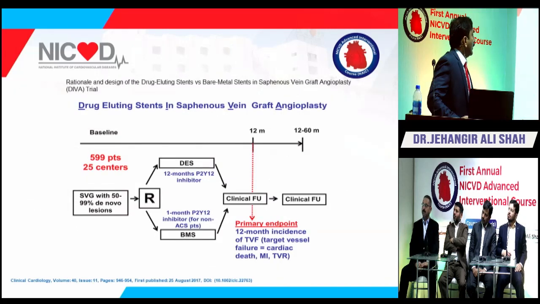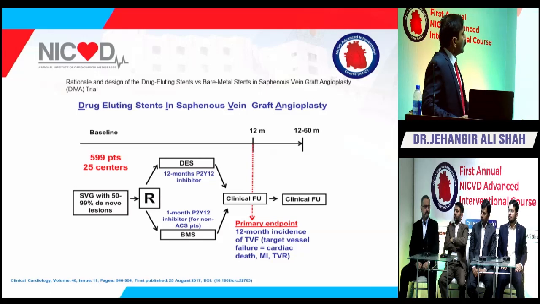But later on the DIVA trial came. That was a multicenter trial done in 25 centers. They chose patients having 50 to 99% SVG lesions, divided into two groups, patients receiving drug-eluting stent and bare metal stent, and followed them clinically after 12 months.